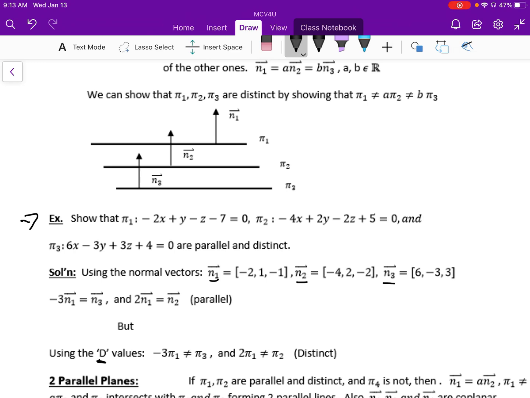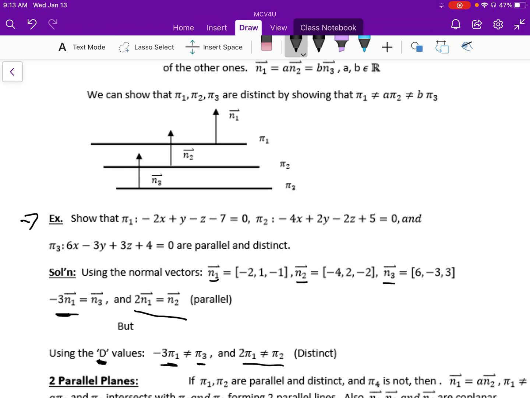Then you show that the d values don't have the same scalar multiple as just the normals. For example, -3 n1 is equal to n3, but -3 pi 1 is not pi 3. So those two are distinct from each other. Then you look at the next two, the relationship between n1 and n2, and pi 1, pi 2 don't have the same relationship. Three distinct planes.